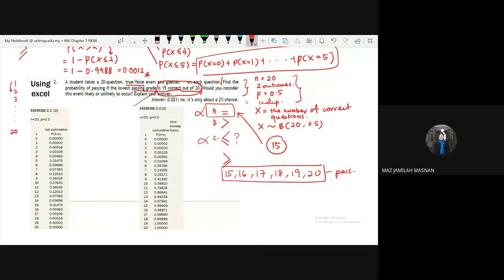But if we say 15 only, what about the rest, whereas we have 20 questions? If you are talking about exactly 15, it will be incorrect.